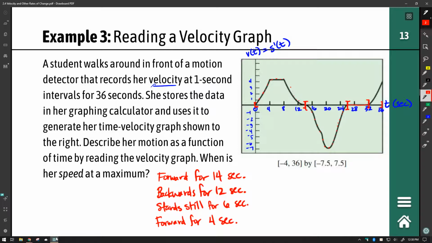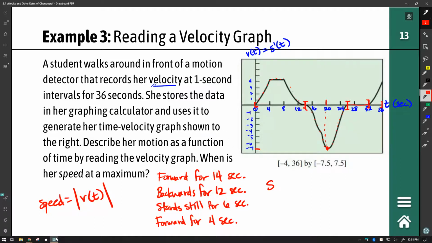All right, finally, when is her speed at a maximum? So remember that speed is the absolute value of velocity. So without regard to the positive or negativeness of velocity, when does it reach its highest value? Seems to be down here, looks to be at about -7, but that happens at time equals, looks to be about 20.